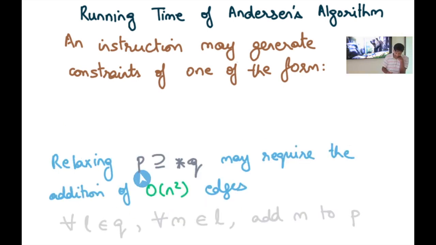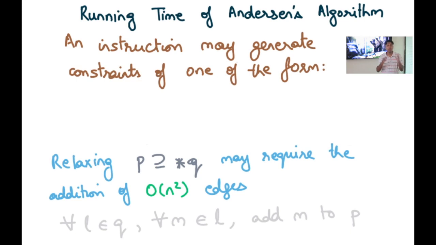Similarly, relaxing P is a superset of star Q may require the addition of order n square edges. And this is a similar argument. Q may point to order n abstract objects, each of which may in turn point to order n abstract objects, making a total of order n square things that it may point to.